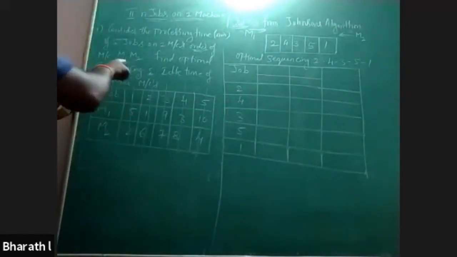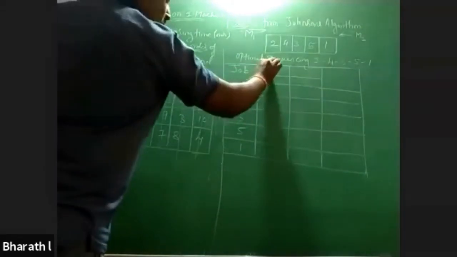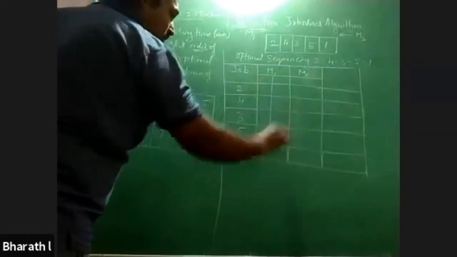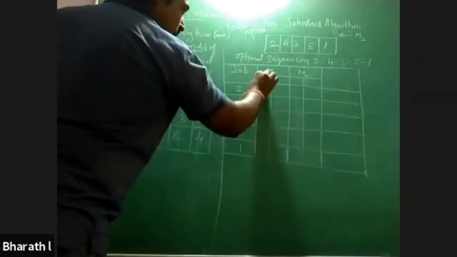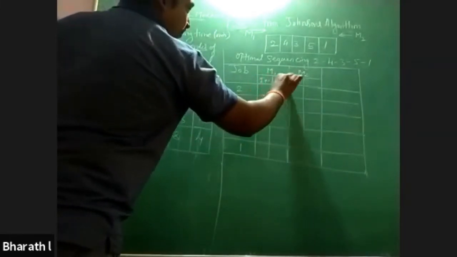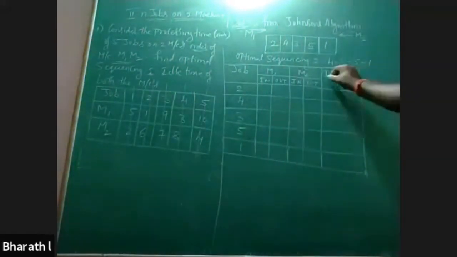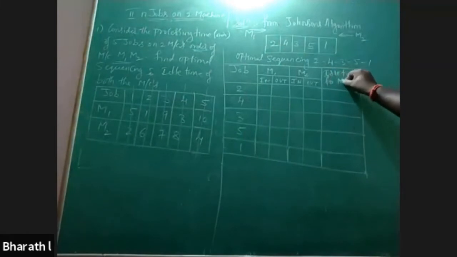Since the order of the machines is given as M1, M2, here you write M1 and here you write M2. For each machine there is an in time and out time, so here you write in, out. In the last column, you write the idle time for the last machine, that is M2. We fill up the table.